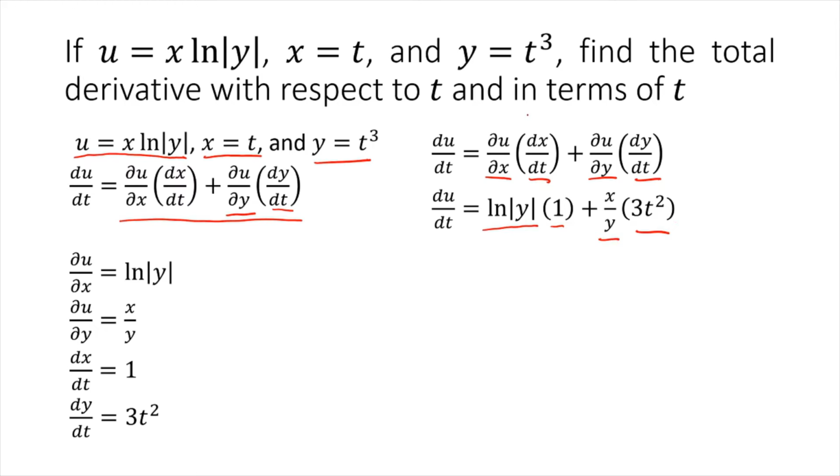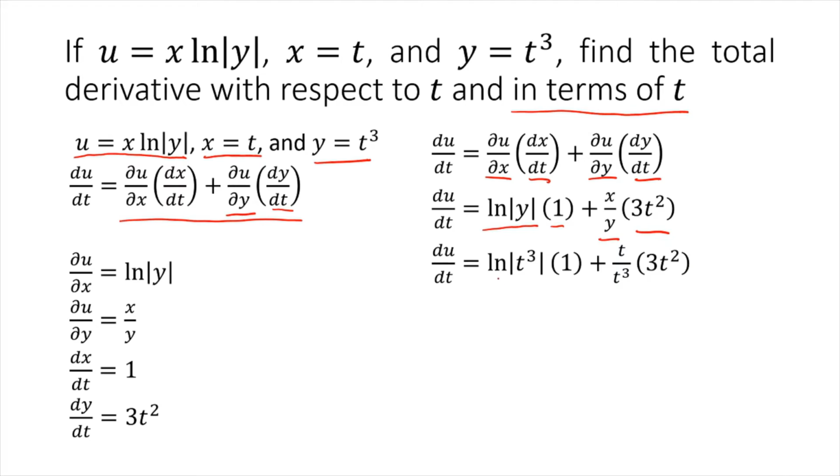Since we are asked to express the total derivative of u with respect to t in terms of t, we have to convert y and x into their equivalent expressions in terms of t. So y from the given is t cubed, so we now have ln of t cubed, and x is t. Just plug in the equivalent expressions and then simplify.